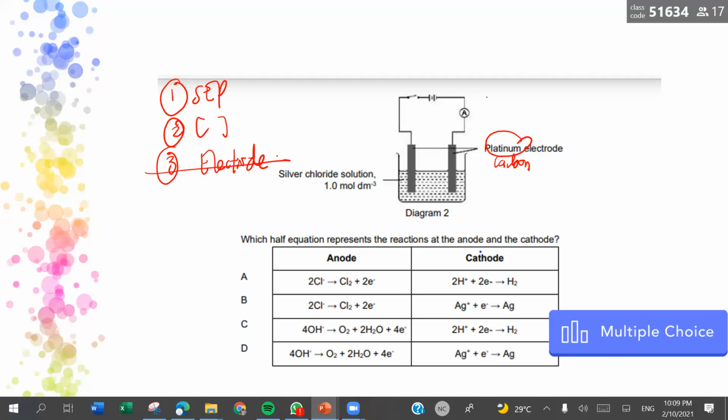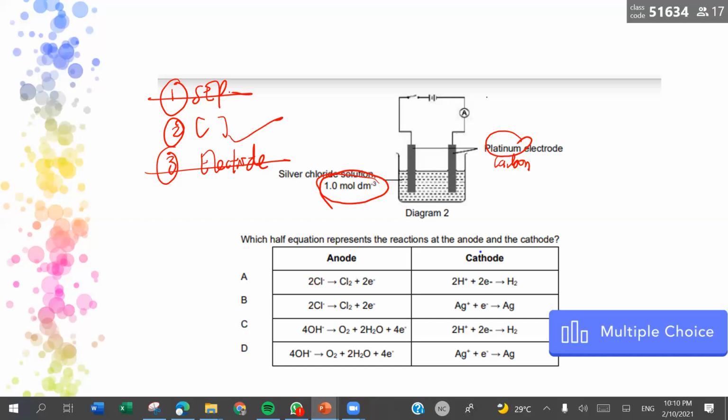Cut off the electrode factor. I'm not bothered about the electrode factor. Next, circle concentration. Do I have a concentration factor here? Yes or no? Yes. So I have a concentration factor. That means SEP is out.